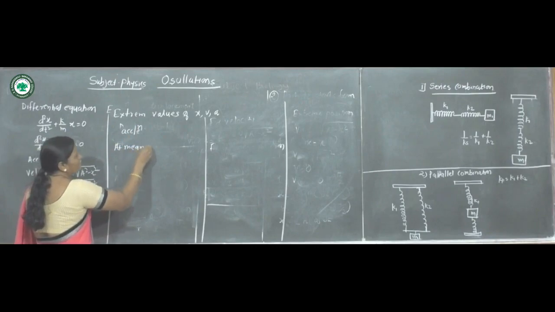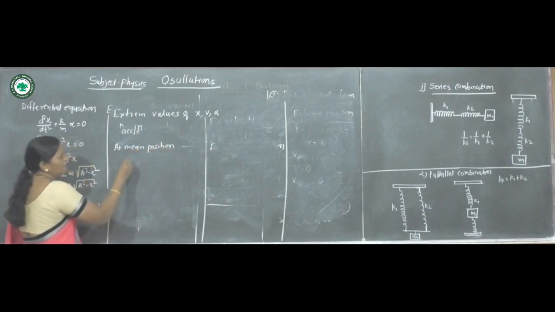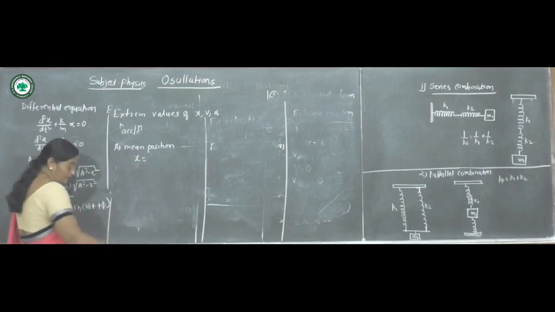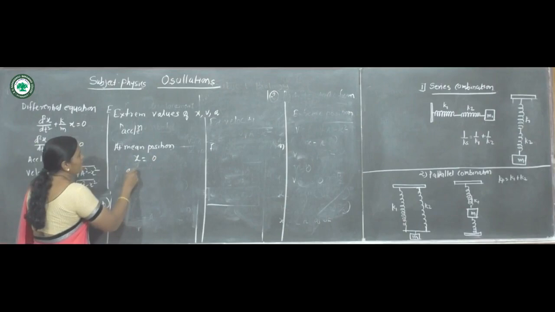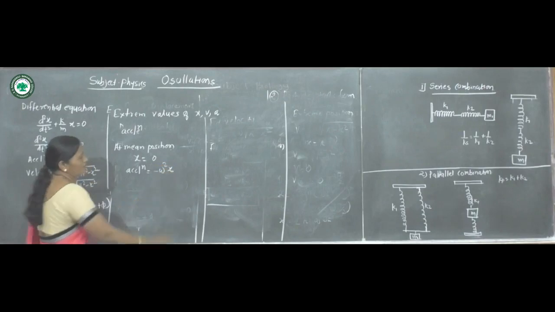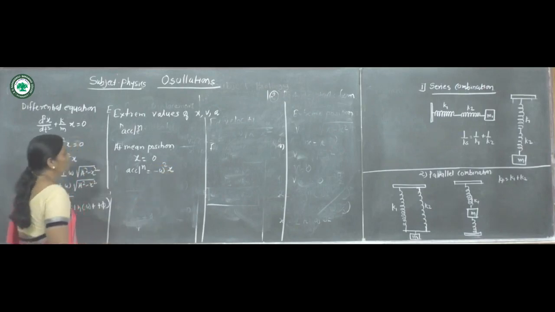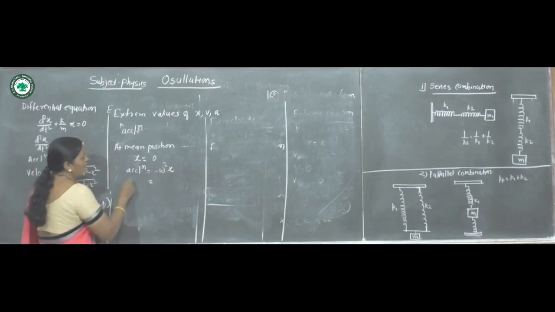At mean position, the value of displacement is 0. The formula for acceleration is minus omega square x. Substitute the value x is 0 here.